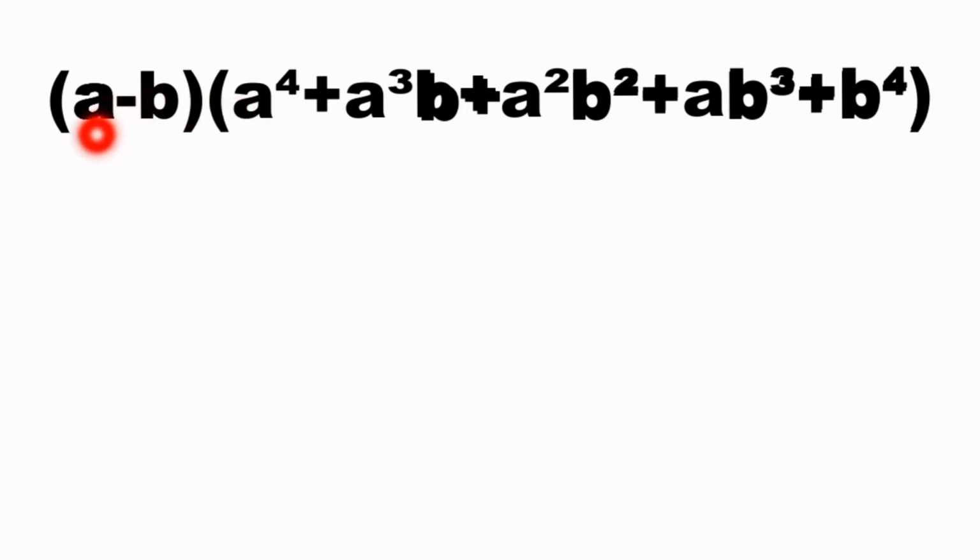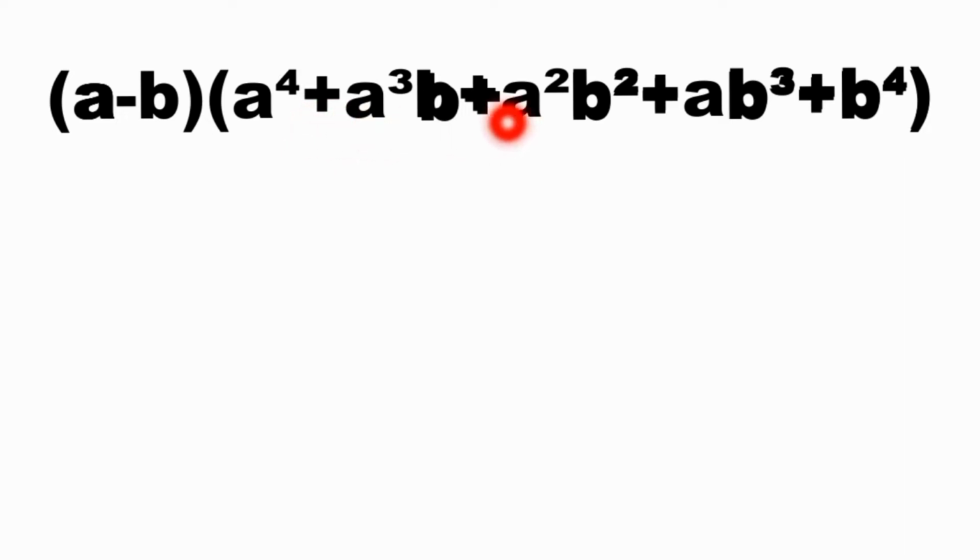The binomial is A minus B, the same as the multiplier for the difference of two cubes, and we have here all plus signs in this polynomial.